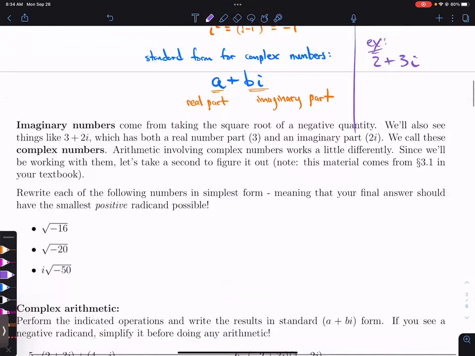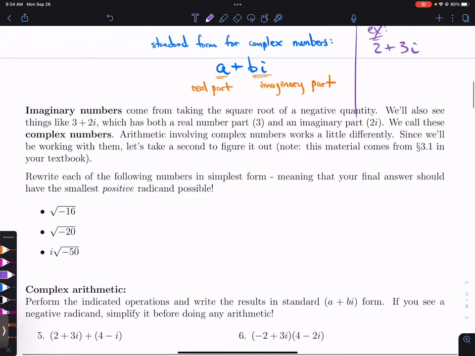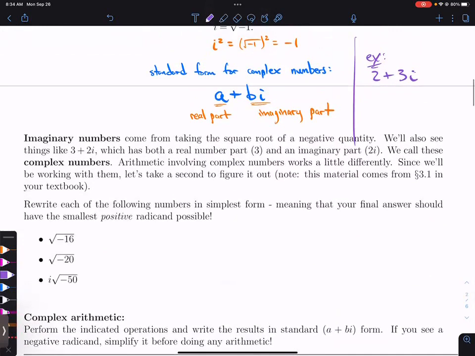So here are some square roots that have negatives in the radicand. Take a minute, think about how you would simplify those. Square root of -16, square root of -20. If i is the square root of -1, how should we simplify those?